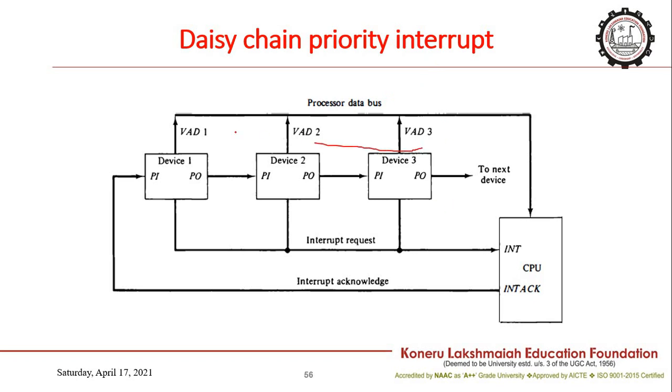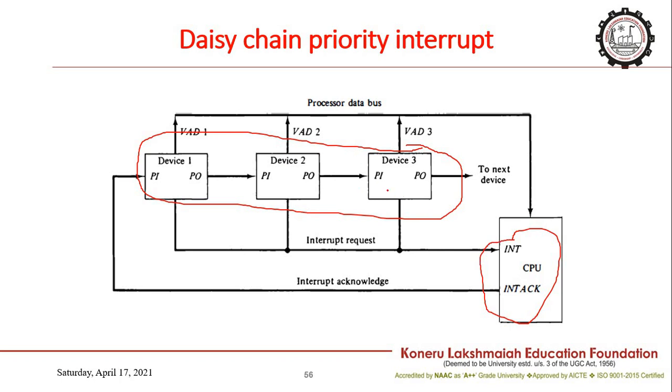So if we consider these 3 devices, and if these 3 devices are working on a single request, the outputs will be the same and the inputs will be the same, but the work will be divided into 3 parts. So if an interrupt occurs, then it will satisfy those conditions here, and again the normal process will start there. So this is a daisy chain priority interrupt.